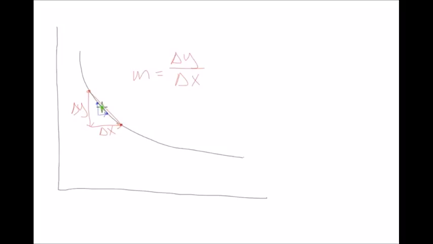And that will tell us the slope of the line, of the function at the green point here. So basically what we're saying is that we are taking the limit as the distance between the 2 points is getting closer and closer together.